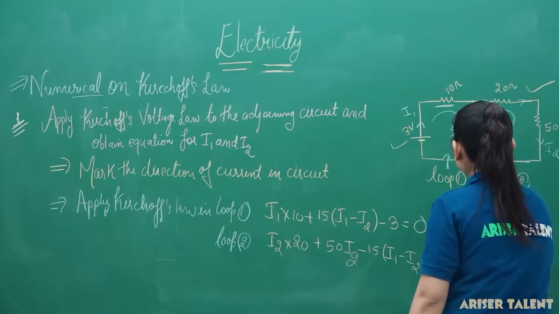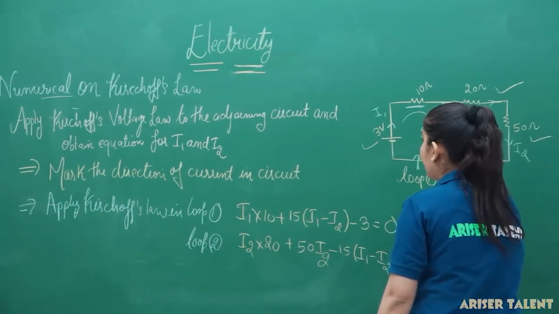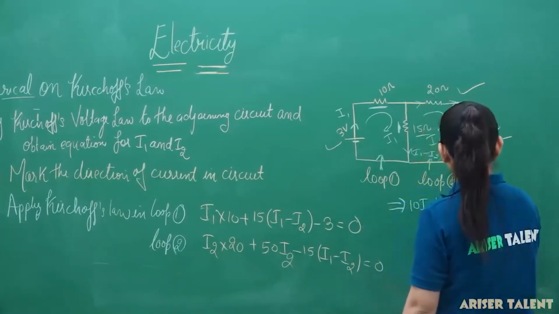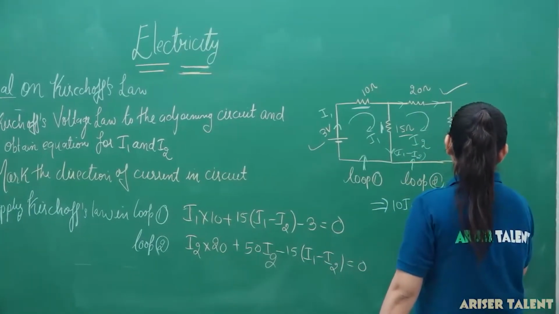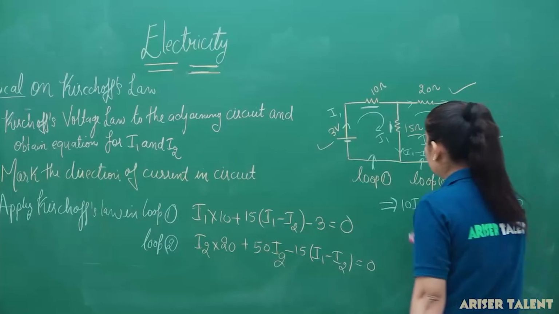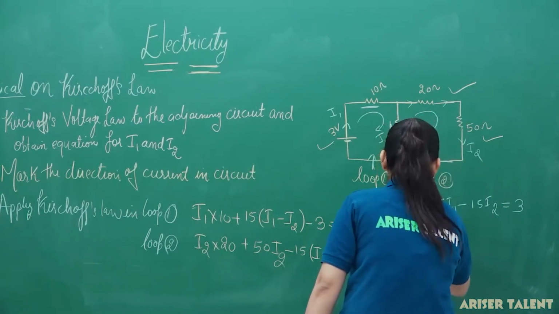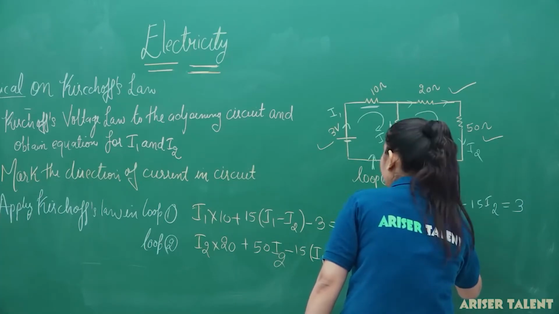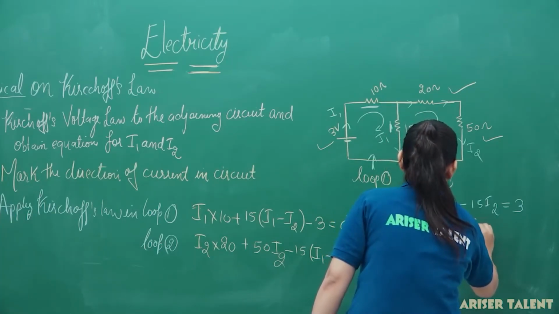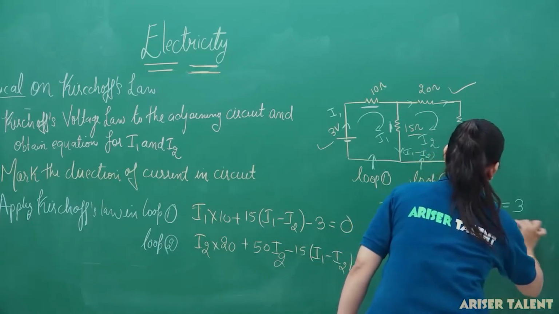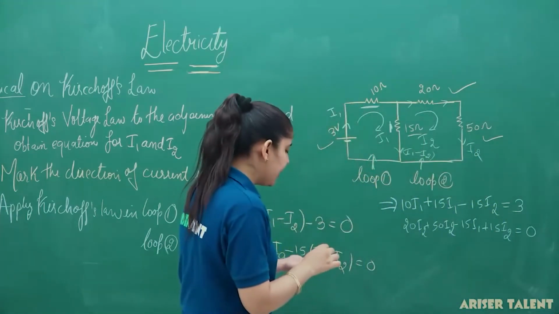It will be 10 I1, 15 I1, minus 15 I2 equal to 3. Next one is 20 I2, 50 I2, minus 15 I1 plus 15 I2 equal to 0. These are the equations we are getting here.